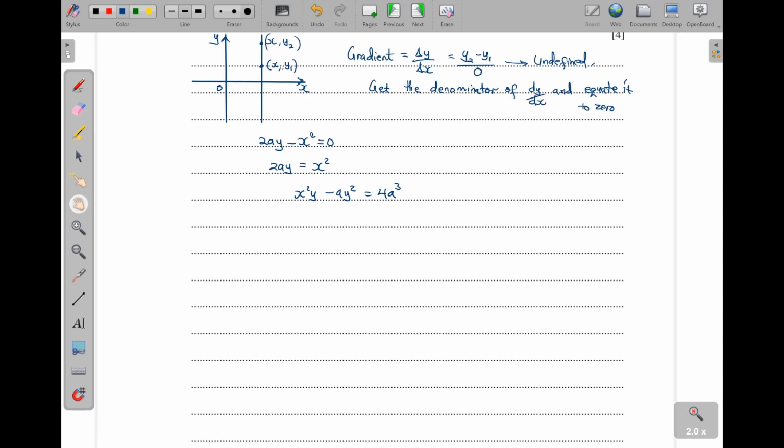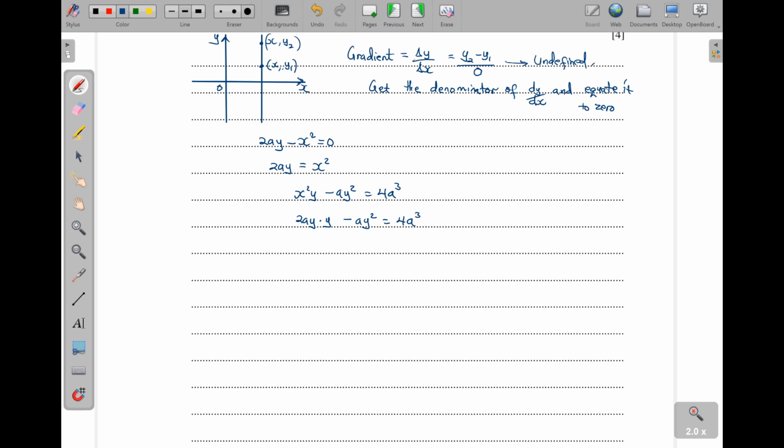Substitute in here: x squared is 2ay. So 2ay times y, minus a y squared, is equal to 4a cubed.